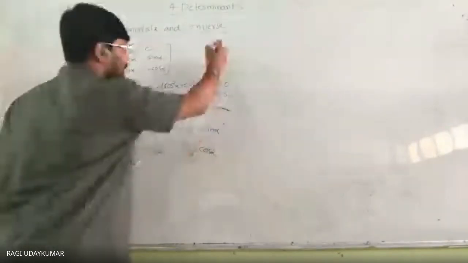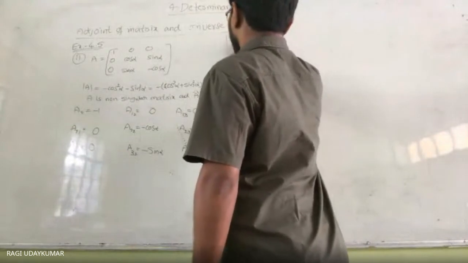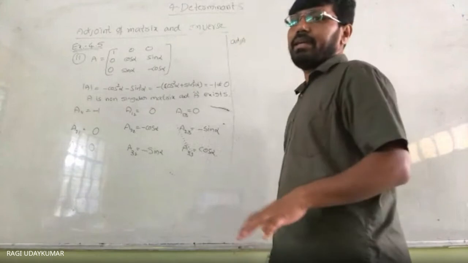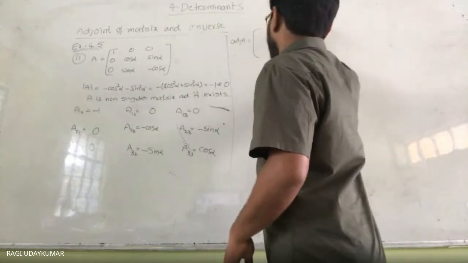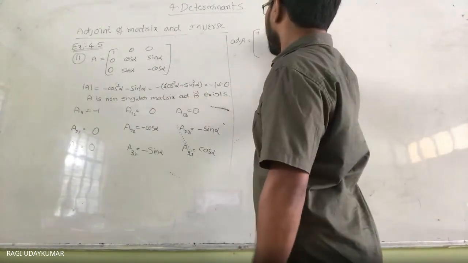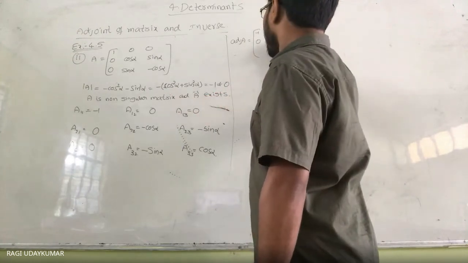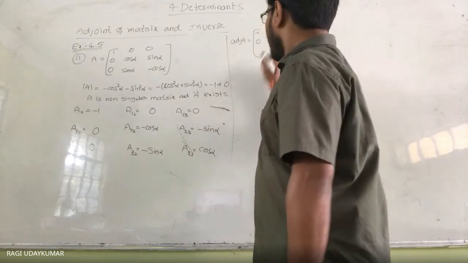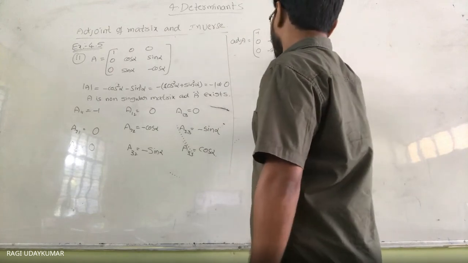So now let us write the adjoint of A. Whenever you write adjoint of A, write the small a first to avoid confusion, and after writing, immediately write the transpose. Write the numbers as they are: minus 1 0 0, 0 minus cos alpha minus sin alpha, 0 minus sin alpha plus cos alpha.